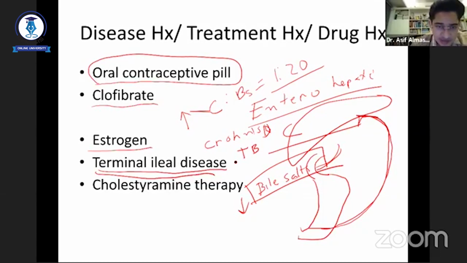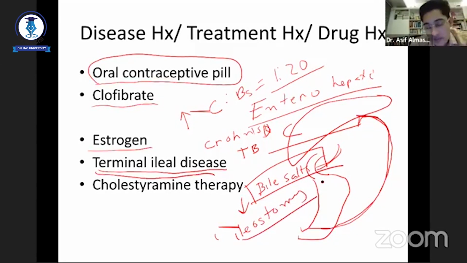As a result, if surgery is being done in such a patient, we remove the terminal ileum, which hampers the enterohepatic circulation, and there is always a chance of reduced bile salts. Even sometimes some patients who have an ileostomy come to you with abdominal pain, and if you do an ultrasound, you might find the patient has a gallstone.